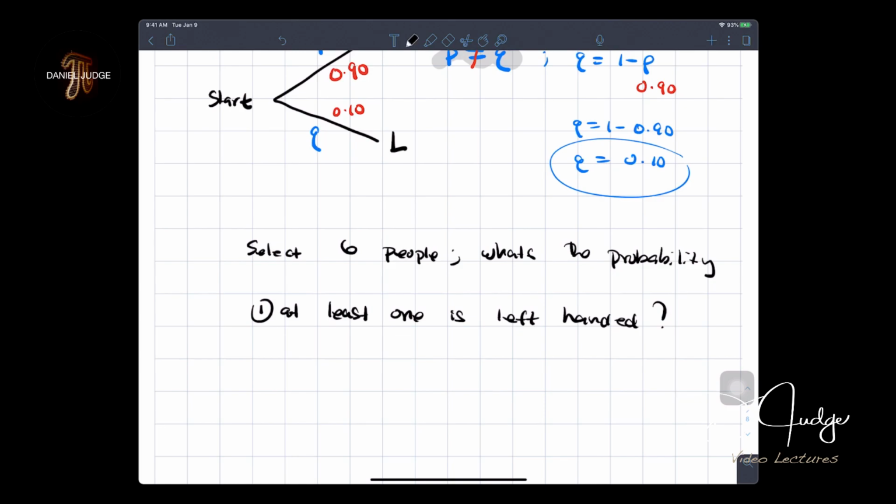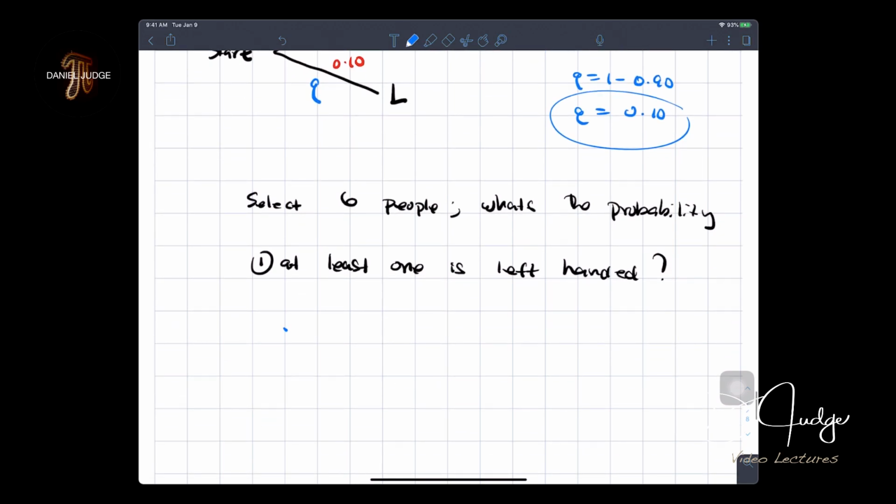Now I'm going to start this lesson today with something like this, a very scary question. At least 1 is left-handed, okay? So here's what I want to say. You always let your successes be what's in the question. So x is the number of left-handed people.